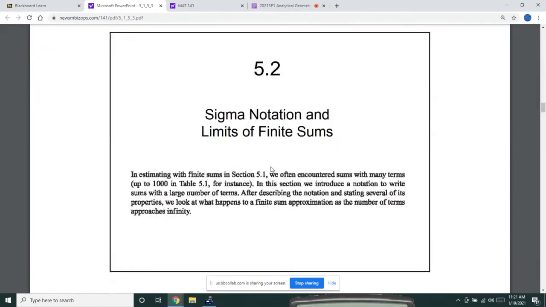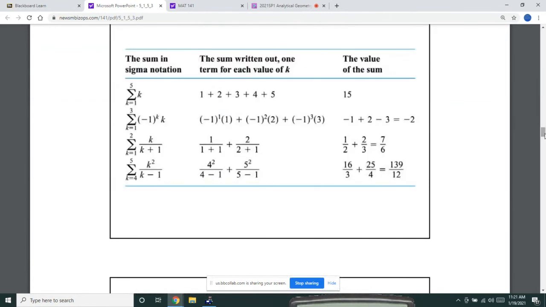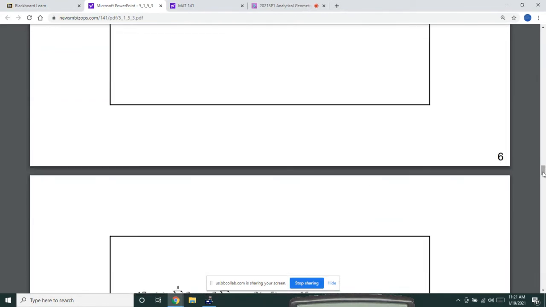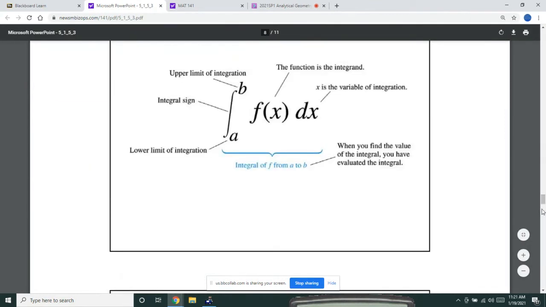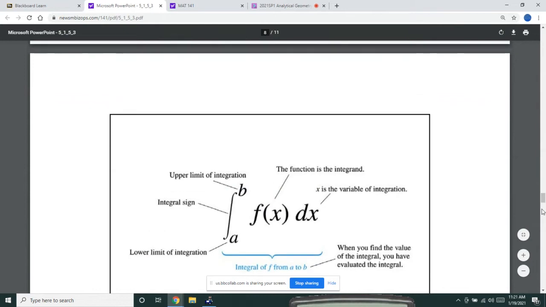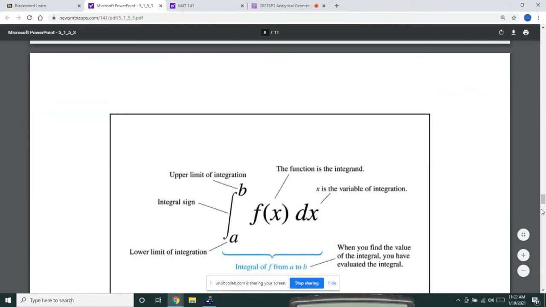All right, and we're going to talk about, I'm actually skipping over 5.2 momentarily. All right, and we're going to talk about the definite integral.